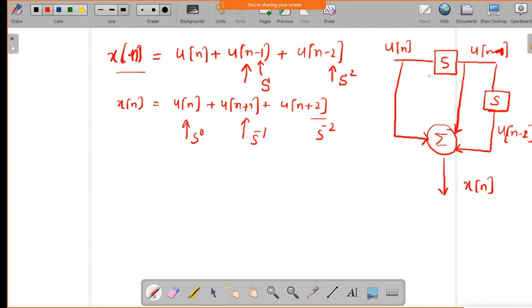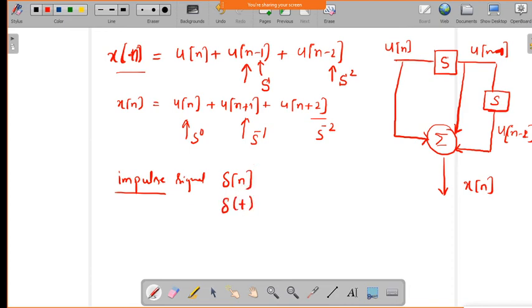We have also discussed one more important specialized signal, that is the impulse signal, del of n in the discrete case and del of t in the continuous case.